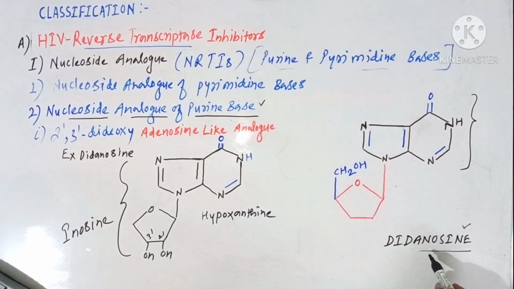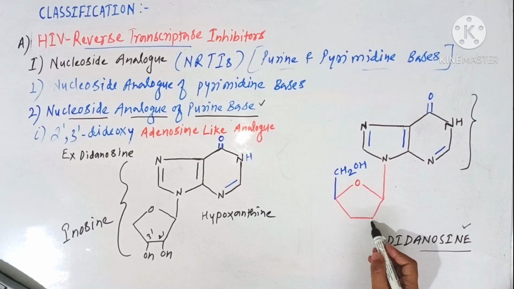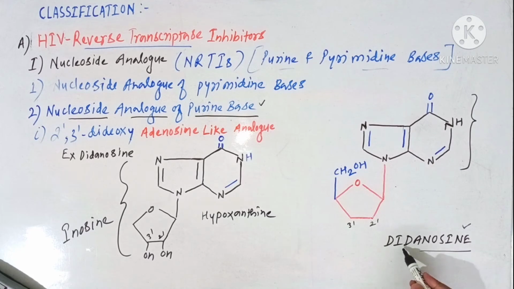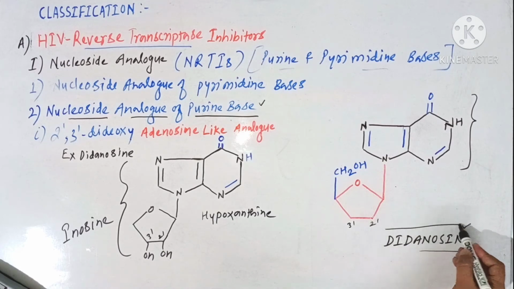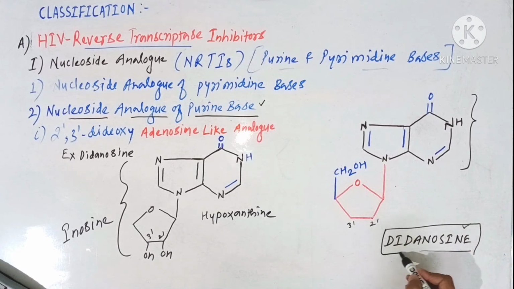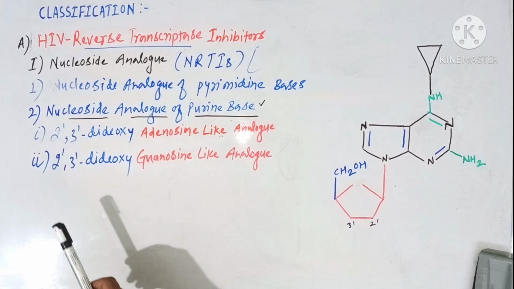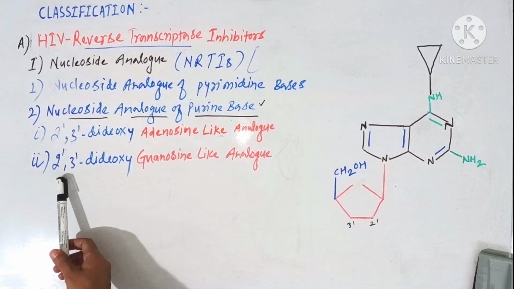That's why in didanosine there is no hydroxy group at the 2' and 3' locations. So it is dideoxyinosine. That's why the name of this drug becomes didanosine.